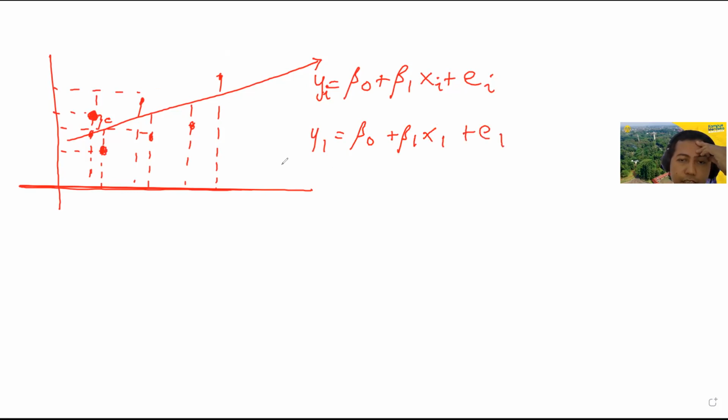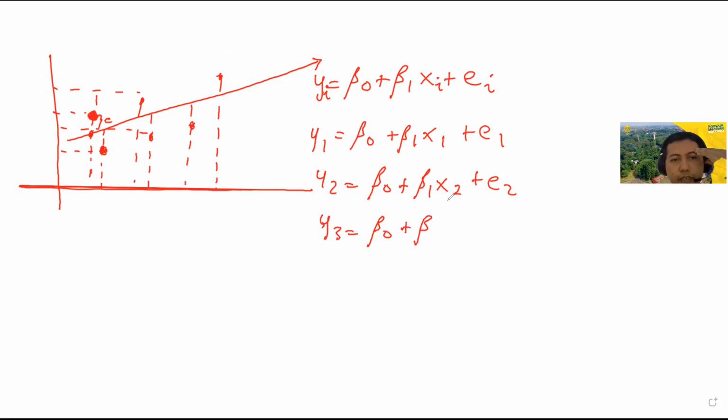Kemudian di titik sini Y2 sama dengan B0 plus B1 X2 ditambah error 2. Kemudian Y3 sama dengan B0 plus B1 X3 plus E3.